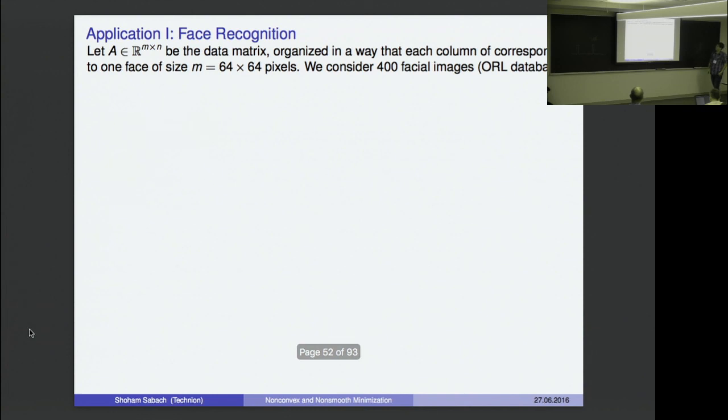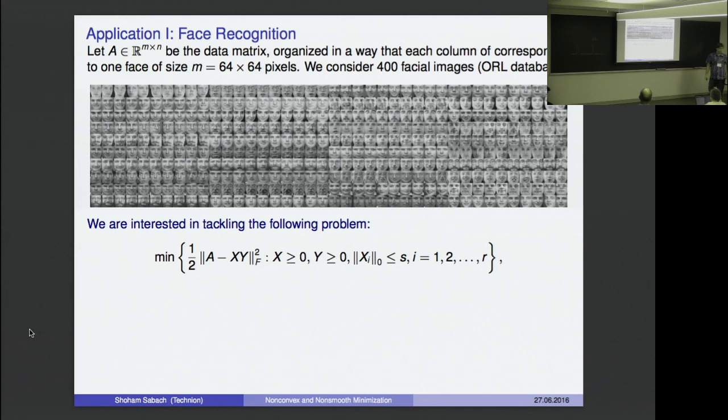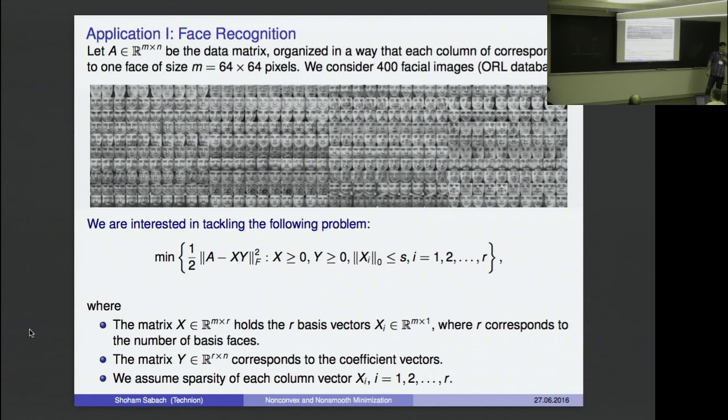Okay, so what we did, we took as an application the face recognition problem. Suppose you are given a matrix A, which includes 400 faces, and each face is of size 64 by 64, and we would like to solve the following optimization problem, which means we want to minimize the squared Frobenius norm of A, which is this database, minus the approximation of two matrices, X and Y. X holds the basis faces.